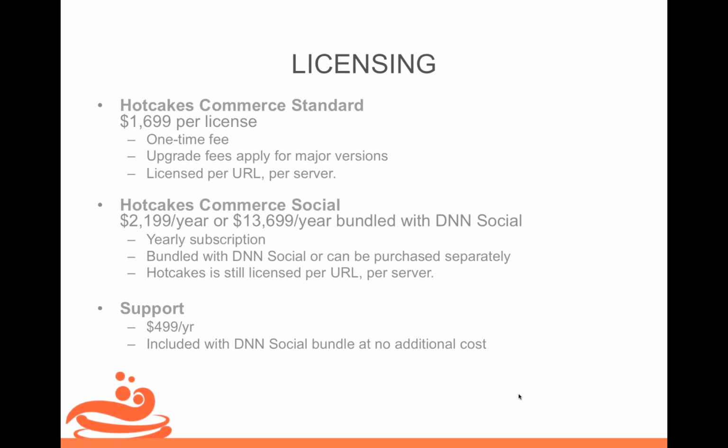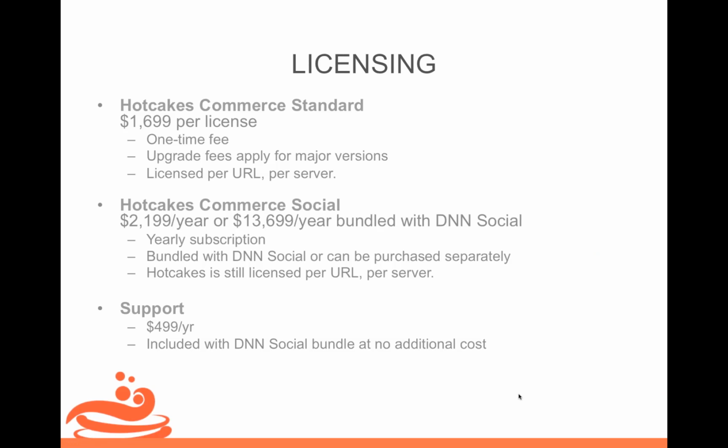This is licensed per URL per server. So that means that you can have a multi-portal installation. You can have a multi-tenant installation, but for each one of those URLs, you do have to pay a license for that. As well, for each installation you have, so think about every app pool that you have. For each installation or each server that you have, you are going to have to pay a different license as well. So the best way to explain this is to give an example.